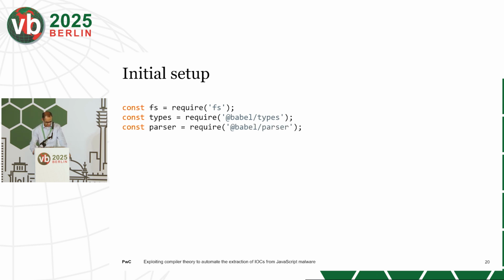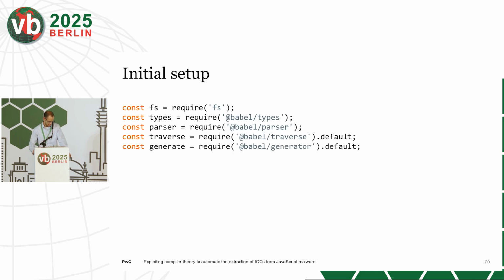The parser takes our malicious code and produces an abstract syntax tree. The traverse function takes our abstract syntax tree and a visitor function and modifies it accordingly. And finally, generate takes our modified abstract syntax tree and produces raw code output.